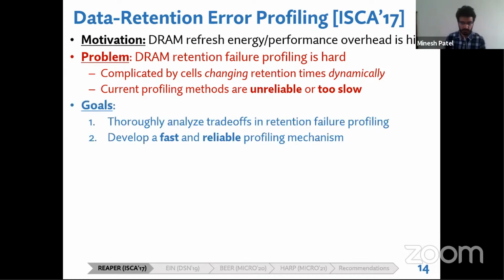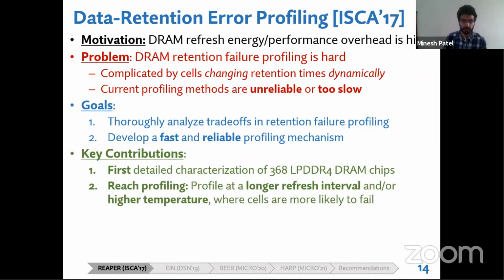Our goals in this work are twofold. First, we would like to thoroughly characterize the trade-off space surrounding retention failure profiling. And second, we want to use what we learn to develop a fast and reliable profiling mechanism. To this end, we make two main contributions. First, we perform the first detailed characterization of 368 LPDDR4 DRAM chips.